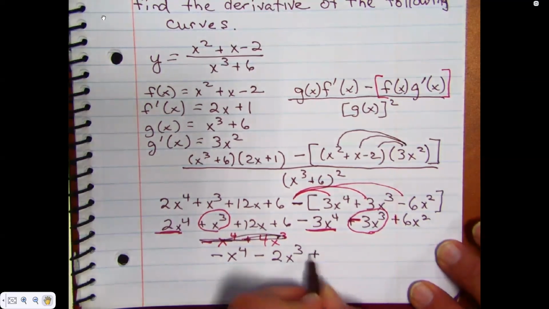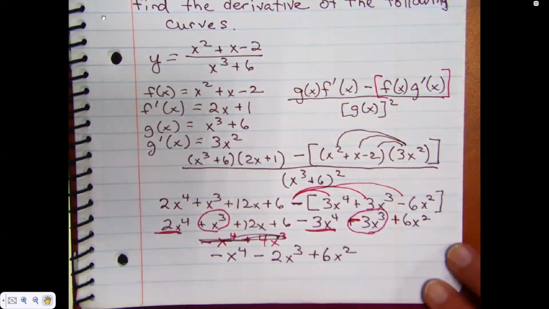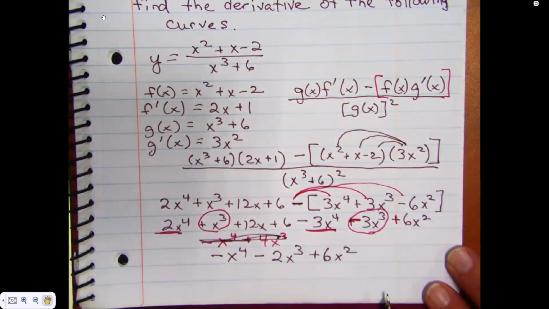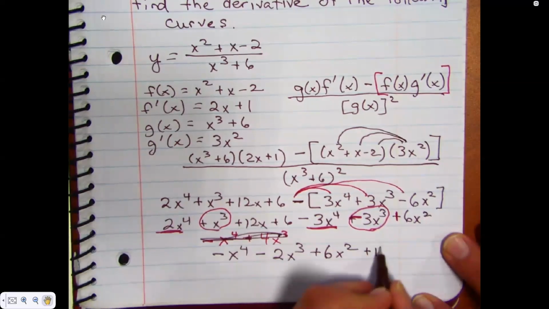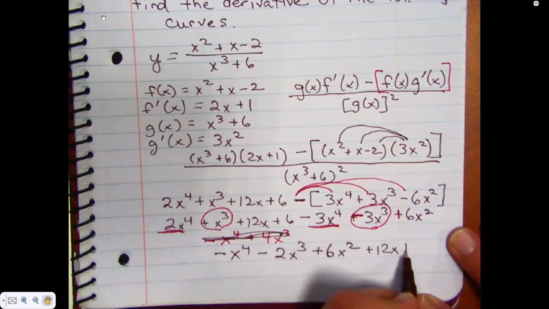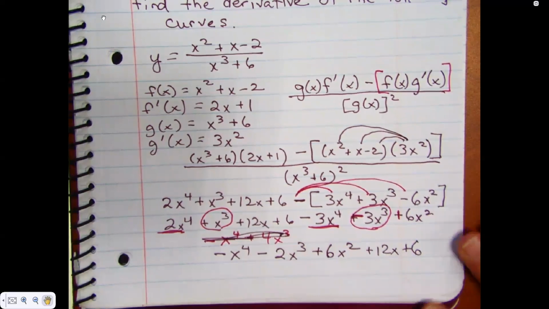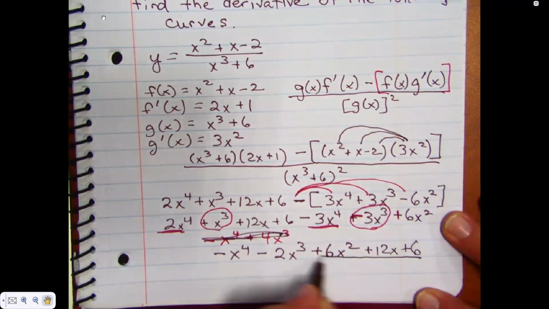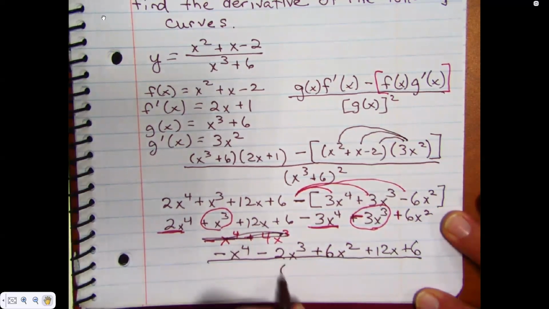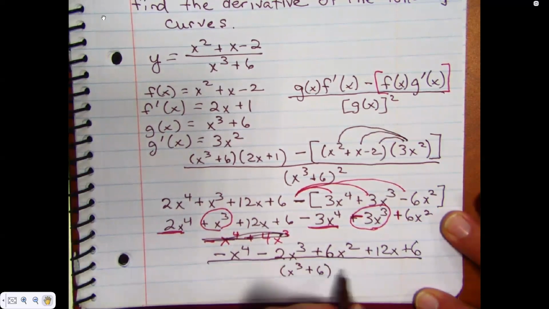It's positive, so plus 6x squared. What else? Do we just have the 1? Yeah, we just have the 1, 12x, and the 1 plus 6. Okay, and now don't forget all over x to the third plus 6 squared.